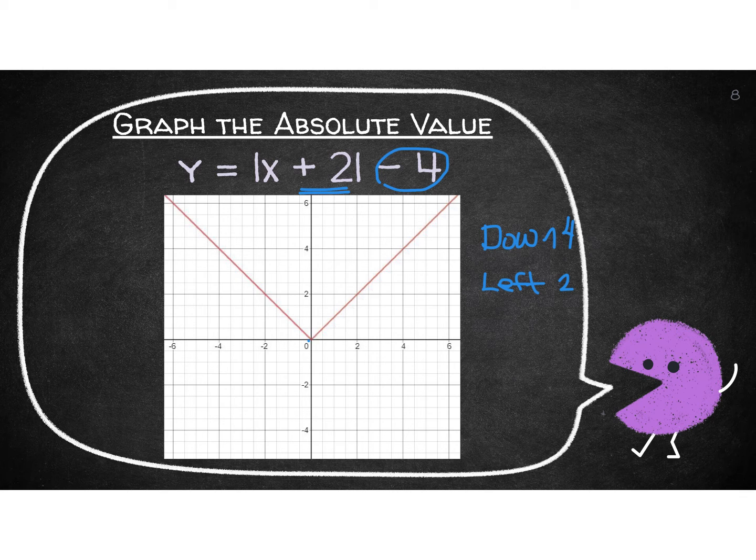So I'm going to count left 1, 2, and down 1, 2, 3, 4. Then my new point is going to be right there, and then I can draw my graph. It's a V shape just like that. So that would be your final answer.